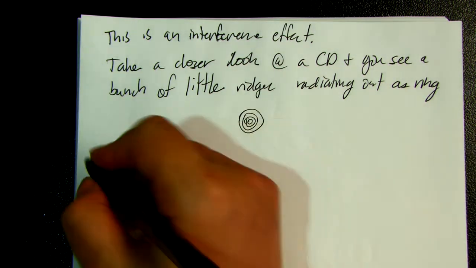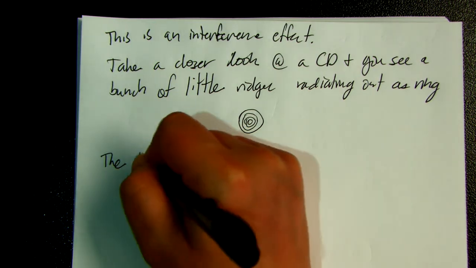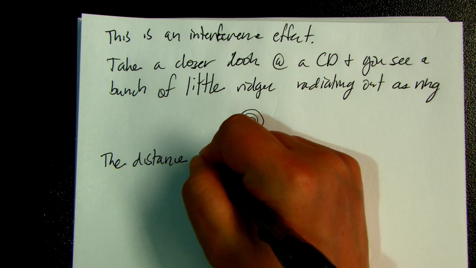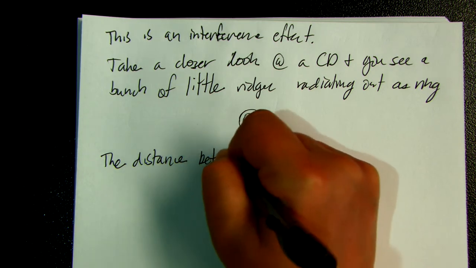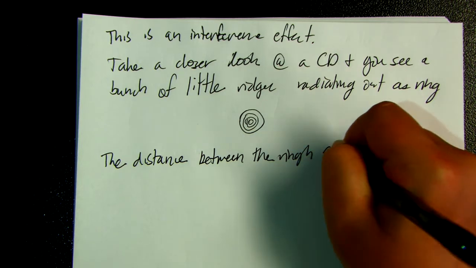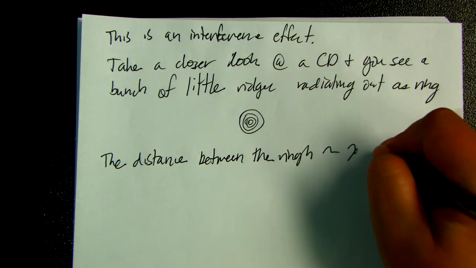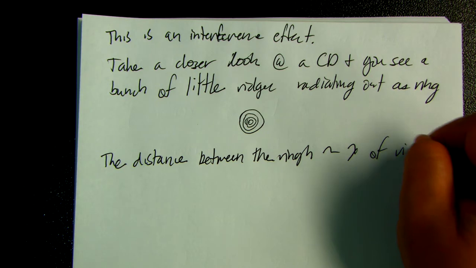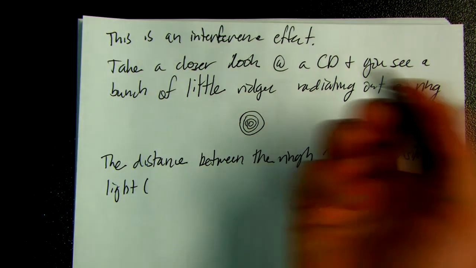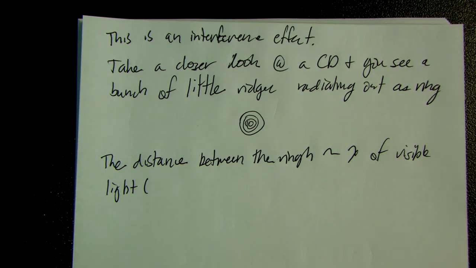Okay, so the distance between the rings is going to be proportional to a lambda of visible light. Otherwise, we wouldn't be able to see this. So a CD is a diffraction grating.